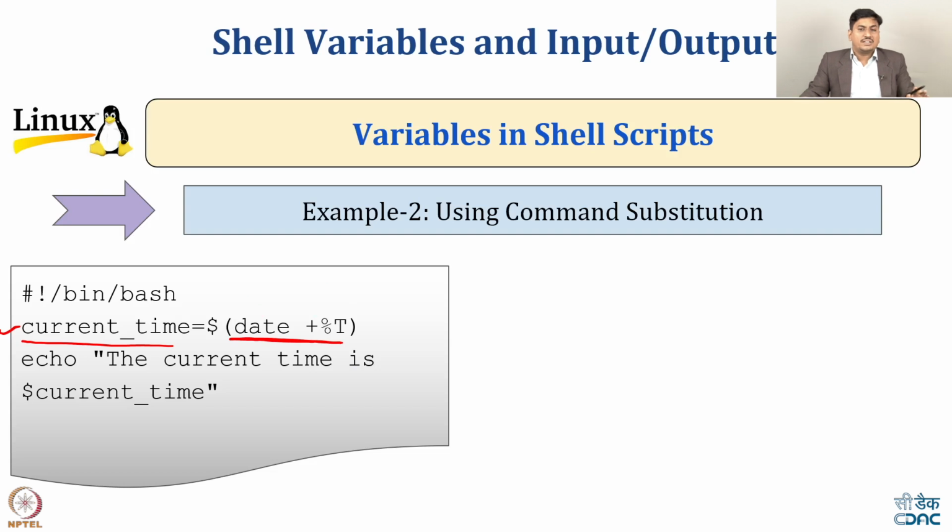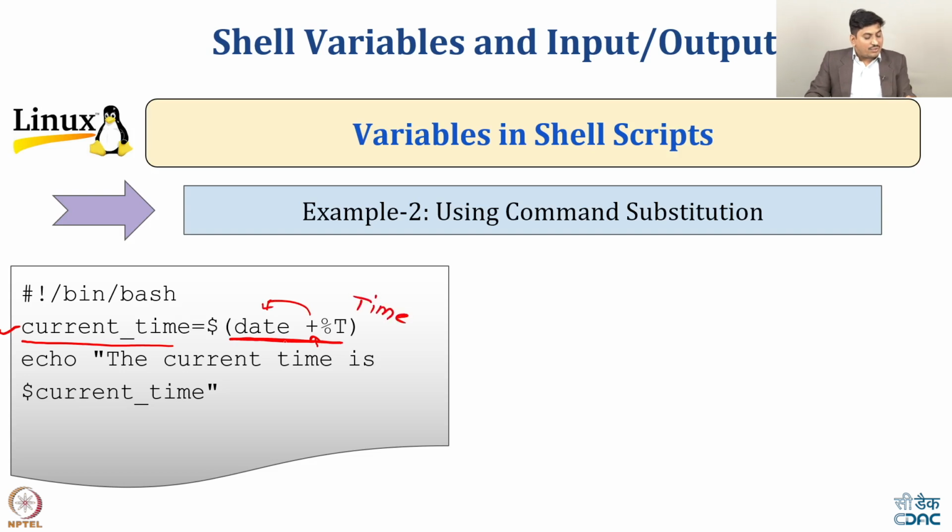Do not print the date, I just want the time. One particular command like date, or other commands, can have different formats. So here we are passing this specific parameter to the date command, which tells it that I want the current time.